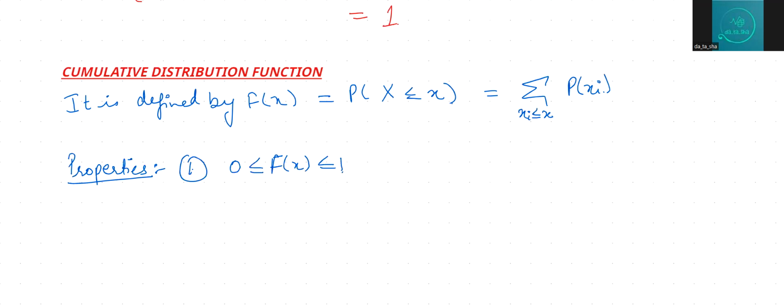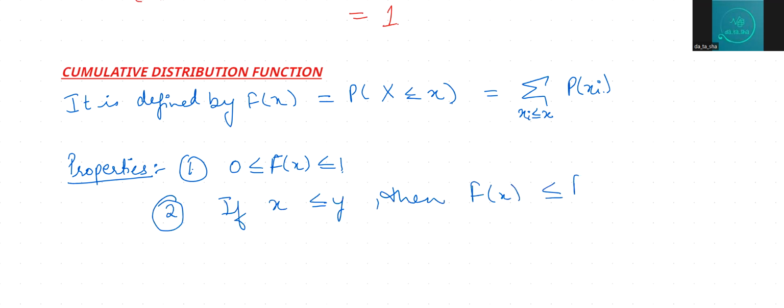Because when you are calculating the distribution function of the last value, that means of capital X, it would be equal to 1. So all the elements of the distribution function would lie between 0 and 1. The second property is if we have any x less than or equal to y, then F of x is also less than or equal to F of y.